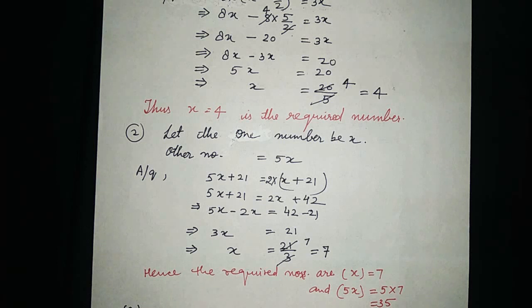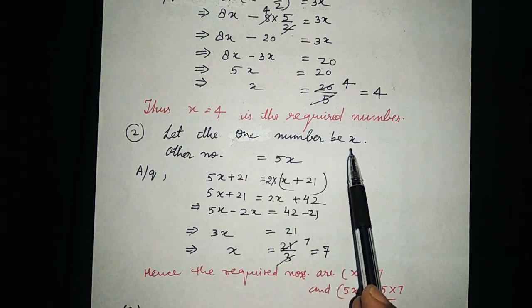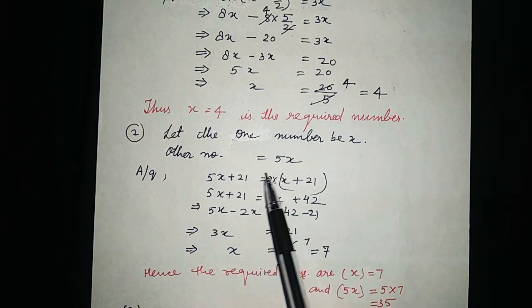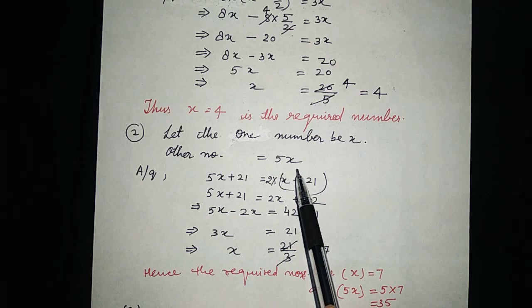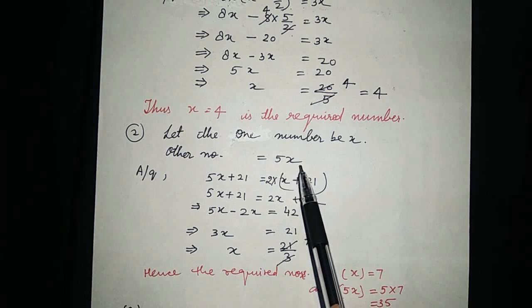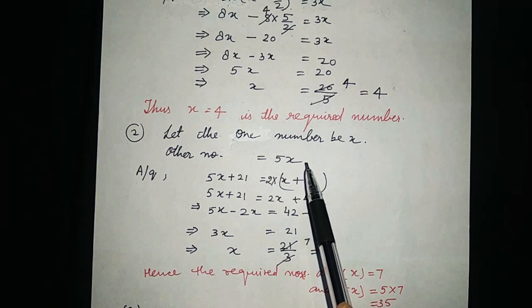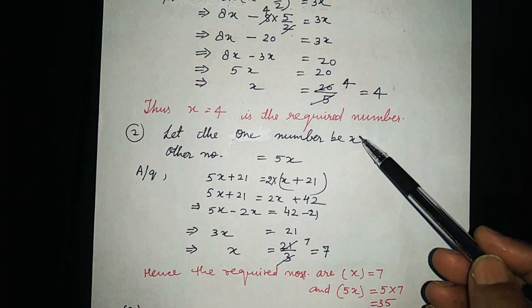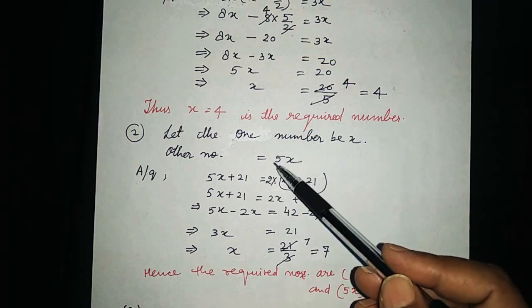Here first we will assume one number. Let the one number be x. Okay. Then the other number is equal to 5x, because in the first sentence it is told that the positive number is 5 times another number. So this number is 5 times this number. So here you will write 5x.